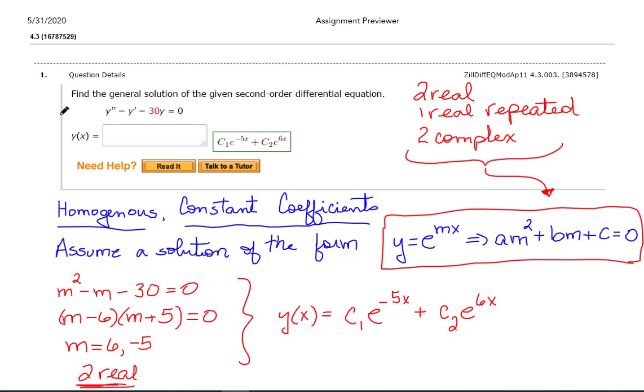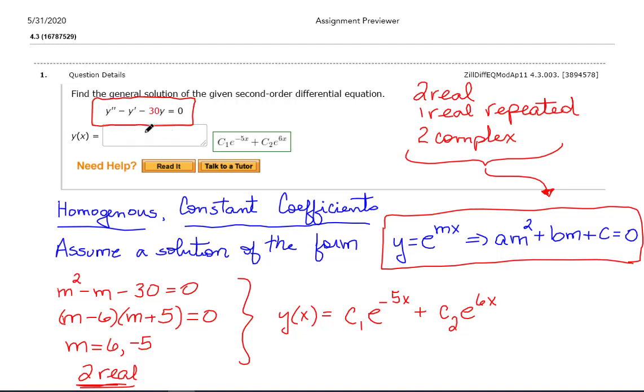Welcome to Math 2320, Section 4.3. In this section, we are looking at second order, homogeneous, constant coefficient differential equations.